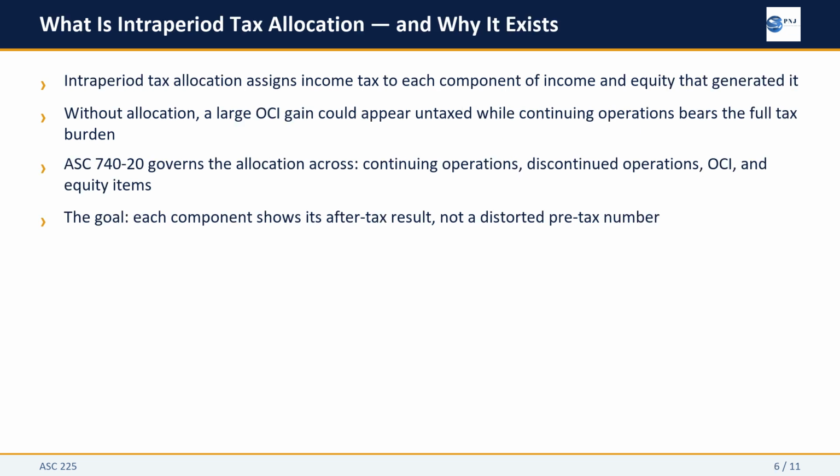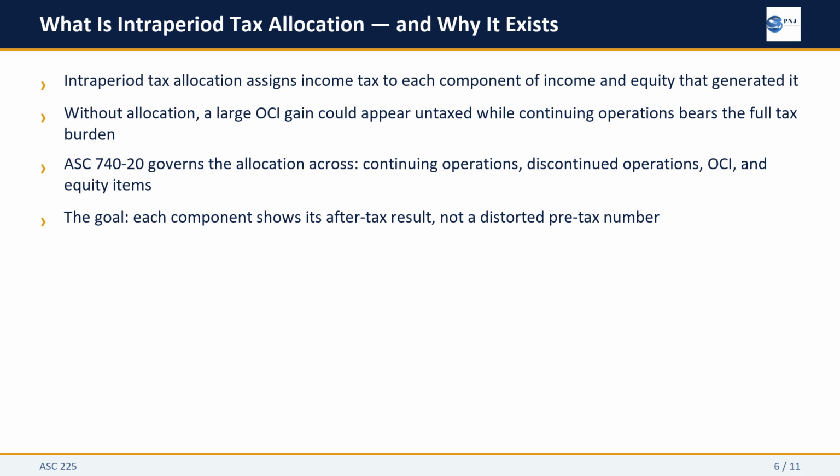Intraperiod tax allocation sounds technical, but the logic is intuitive. Imagine a year where continuing operations breaks even but a large unrealized gain on available-for-sale securities flows through OCI, other comprehensive income. Without allocation, the OCI line would show the full pre-tax gain while the tax line would show zero expense, because total income is zero.